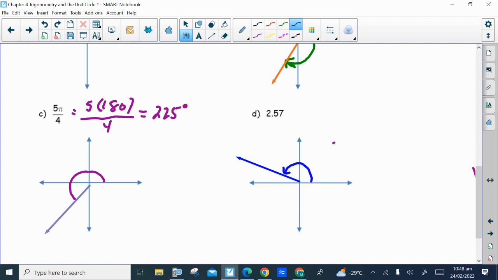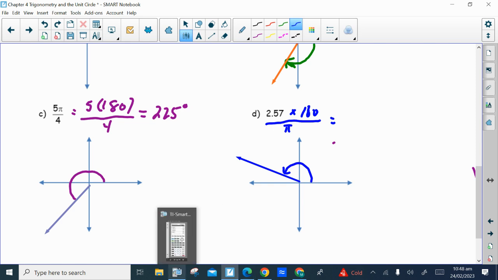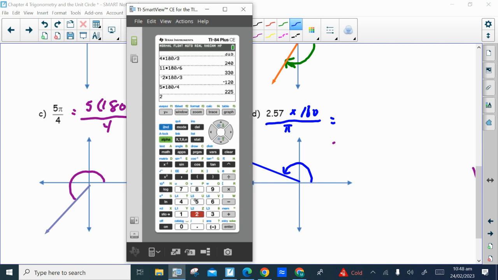Now, if you want to convert that to degrees, our number must get larger. The number of degrees is always a bigger number than the number of radians, which means we're going to have to multiply by 180 and then divide by pi to convert that measure into degrees. So let's get our calculator to do that. 2.57 times 180 divided by pi.